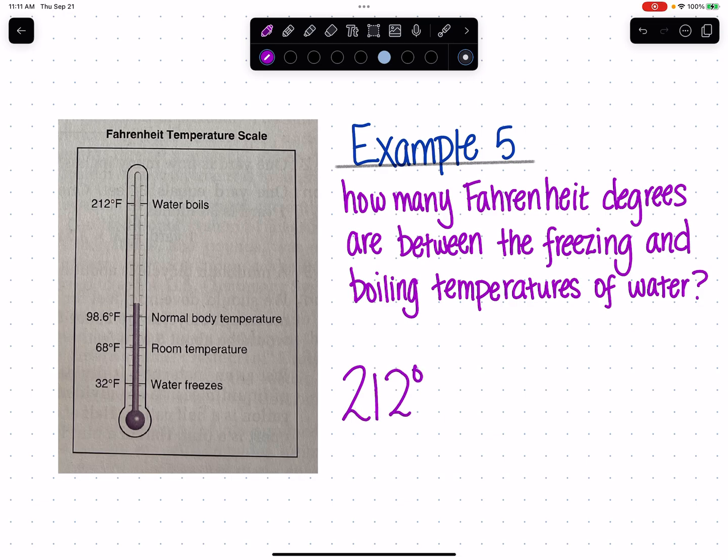And then what is the freezing point? That's here where water freezes, and it is 32 degrees. So if we subtract those, that's the difference between the freezing and the boiling point temperatures of water, and you just do the math on that, and you'll figure out it's 180 degrees Fahrenheit.